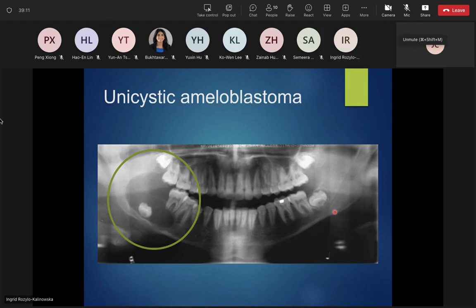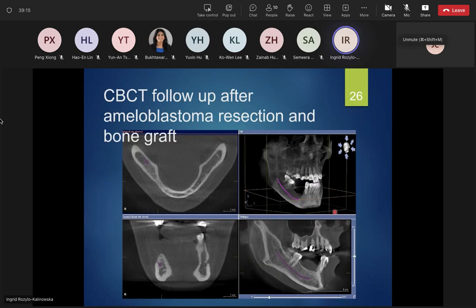The tumors require follow-up because they have a tendency of relapse. So here's a cone beam CT that was taken for follow-up in a case with a well-limited area where the tumor was excised, so no relapse in this patient.